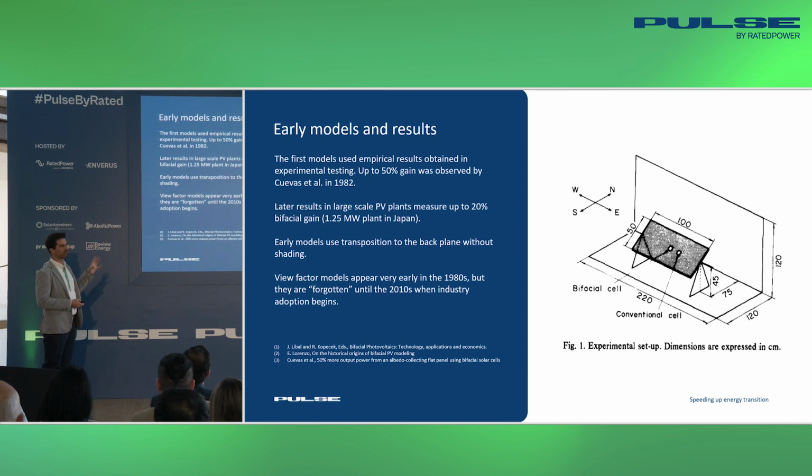Then there were also some papers when the first large-scale PV plants appeared. So the plant in Japan is very well known, apparently. 20% bifacial gain observed there. This is the kind of results that get people moving, right? Like get people thinking this is worthwhile. So I think it's important. But there was kind of a hiatus, right, between 2000 and 2010 where nothing really happened, I think.